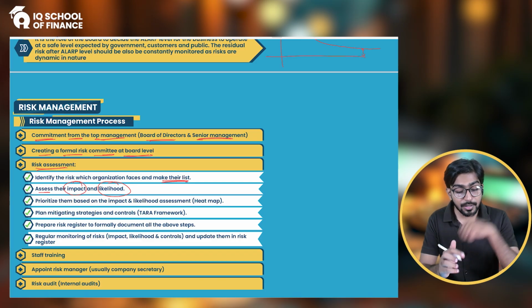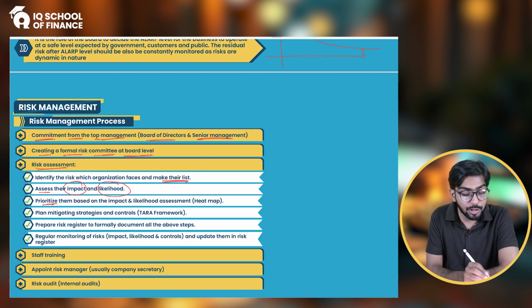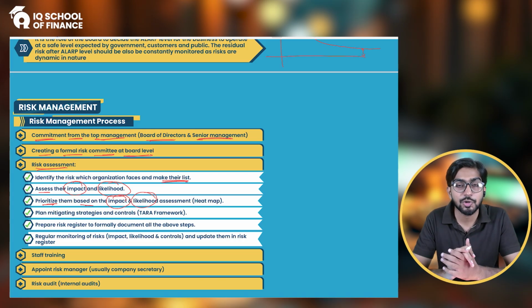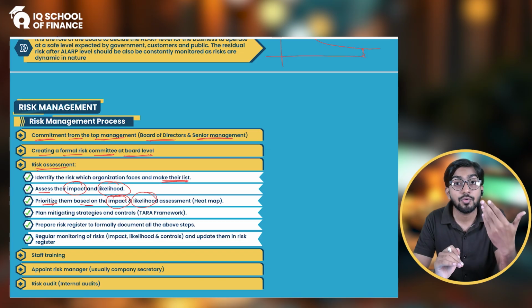All right, and then you're going to prioritize them based on the impact and the likelihood. That means that once you are able to assess their impacts and likelihood, now you can rank them in order, which one is the most serious, which one is below it, then below, and so forth.